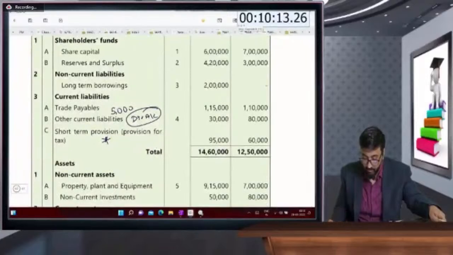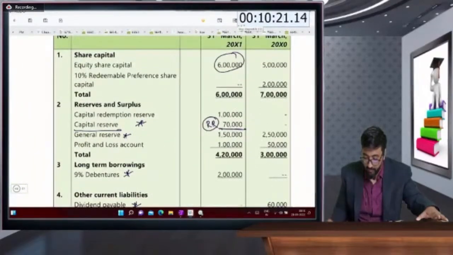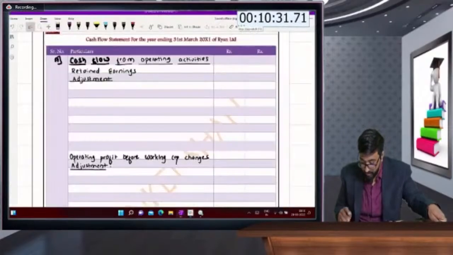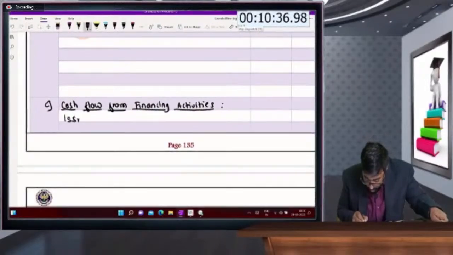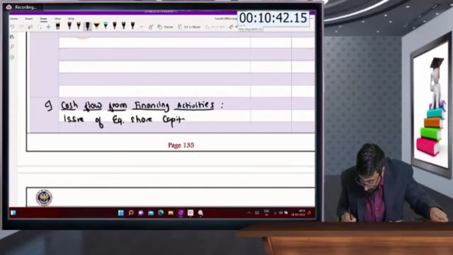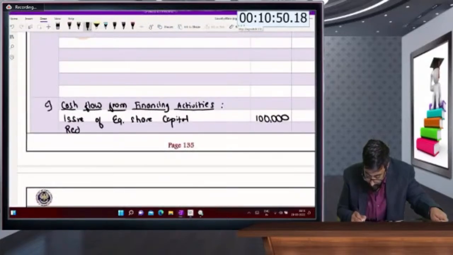Share capital. You have note 1, equity share capital. You can see 5 lakhs became 6 lakhs. So issue of equity share capital, write down in financing activity: issue of equity share capital 1 lakh, and redemption of preference share capital.